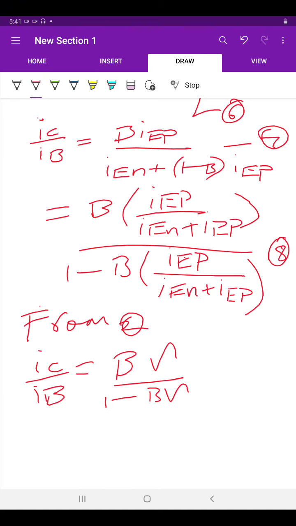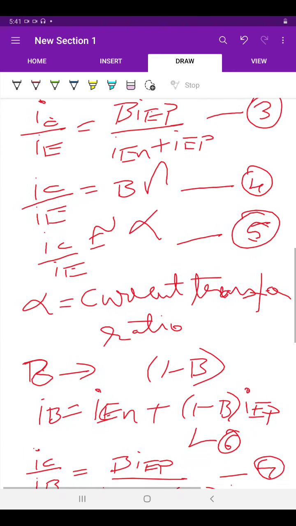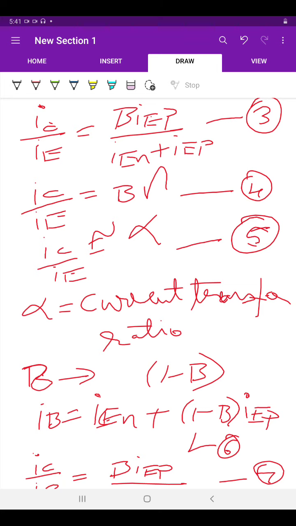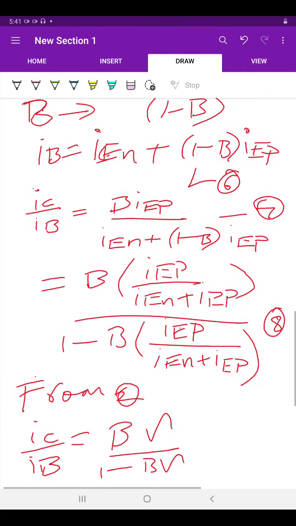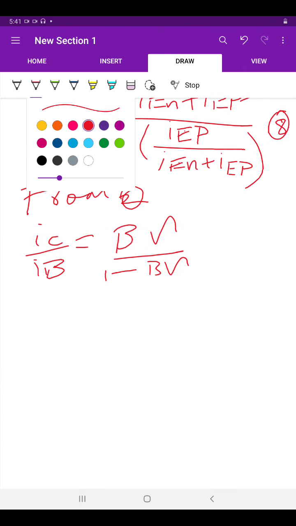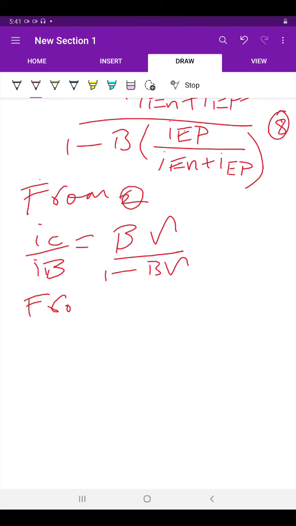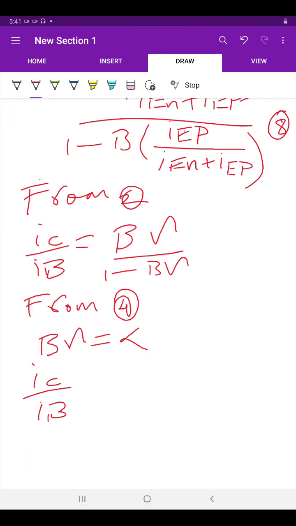Now B gamma from equation 4 is alpha. So from equation 4, B gamma equals alpha. So IC by IB is equal to alpha divided by 1 minus alpha.